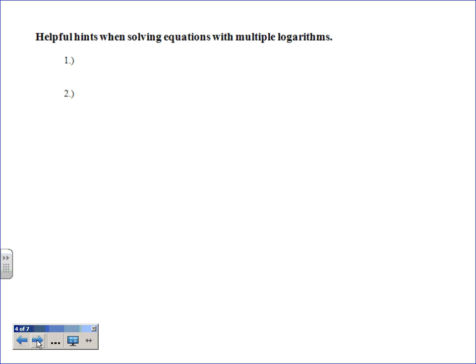Hints when solving equations with multiple logarithms. And these are kind of mine, so let me write them down. Everything in a log.